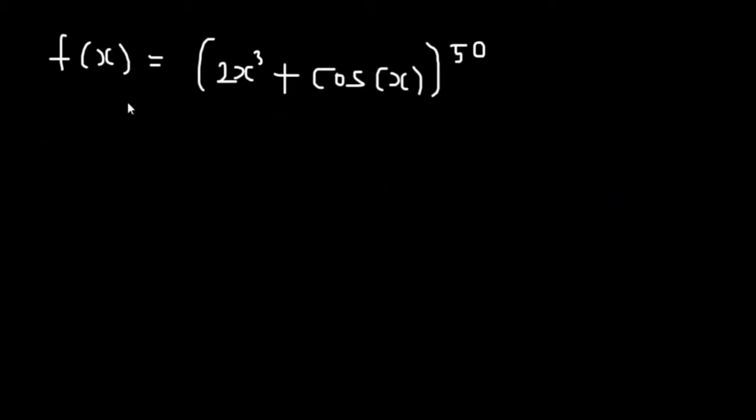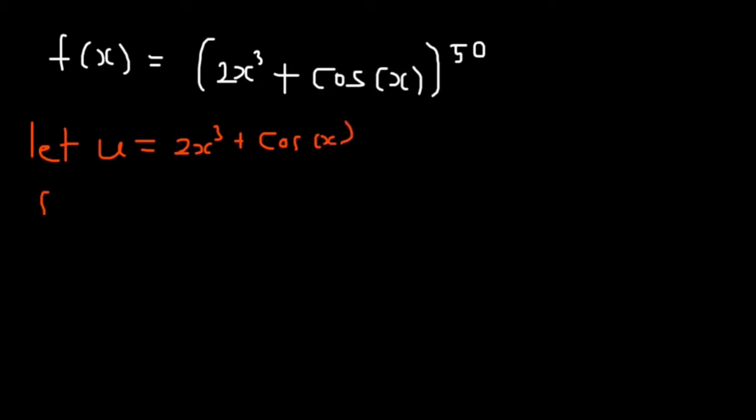The last question I have on the board says f of x equals 2x to the power 3 plus cosine of x, all to the power of 50. You have to find the derivative of this expression. I'm going to represent what you have in the bracket with u. So let u equal 2x to the power 3 plus cosine of x.